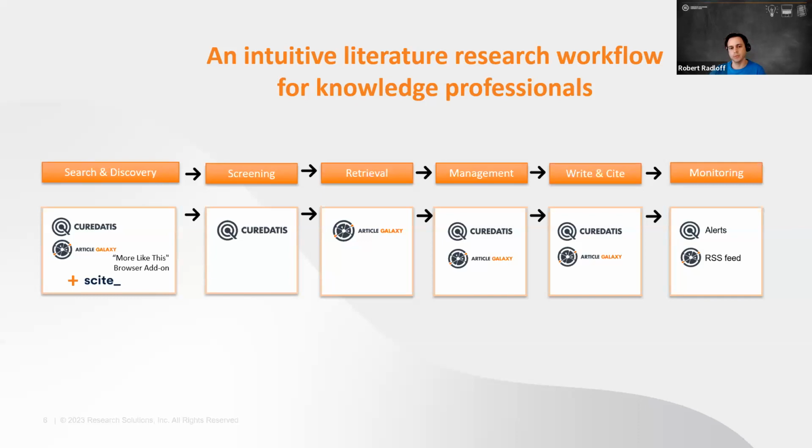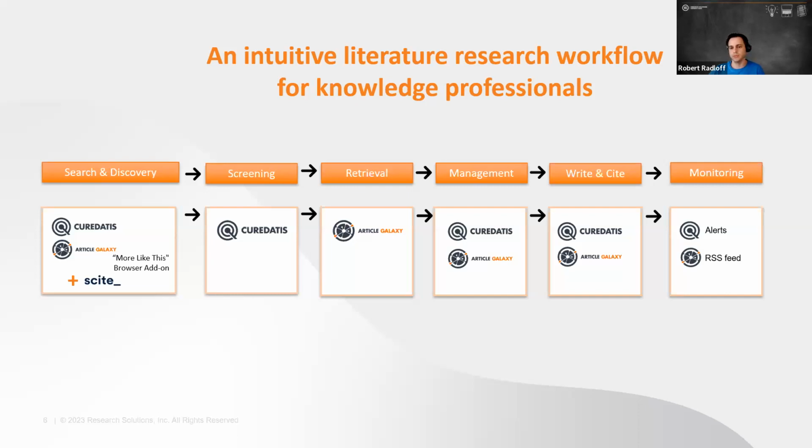Then the next part can be done in Curedatis, the screening of relevant information. So we want to exclude or include relevant information. After that, we have our Article Galaxy tool, which will be introduced by Chris later in the webinar, which is therefore the retrieval of full text documentation.